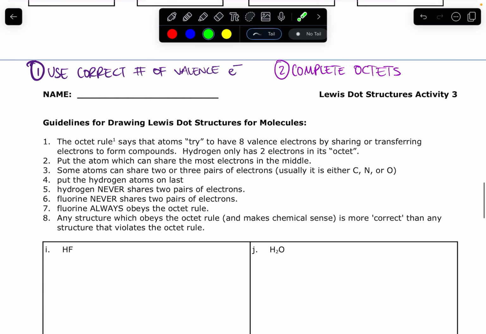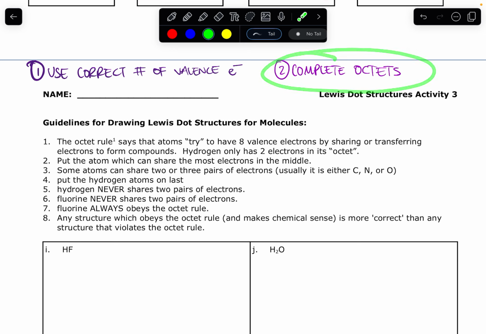Okay? The end goal here is two things. Number one, we must use the correct number of valence electrons. The second goal is to complete octets. What is an octet? An octet is 8 valence electrons.